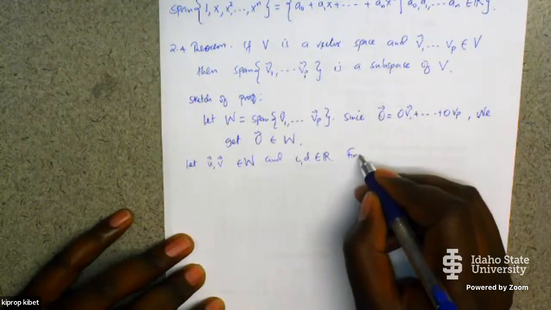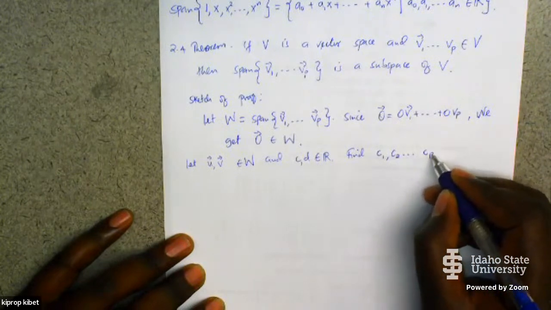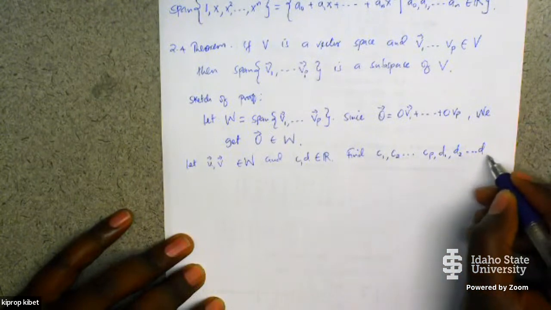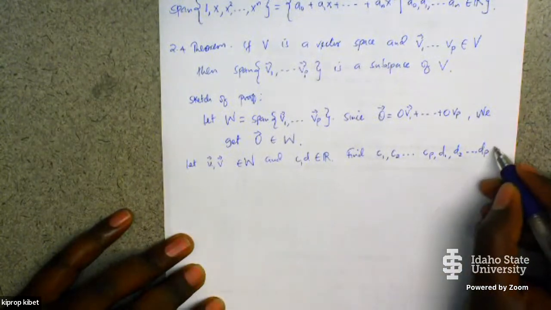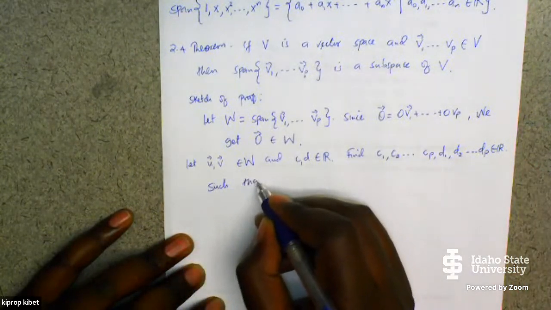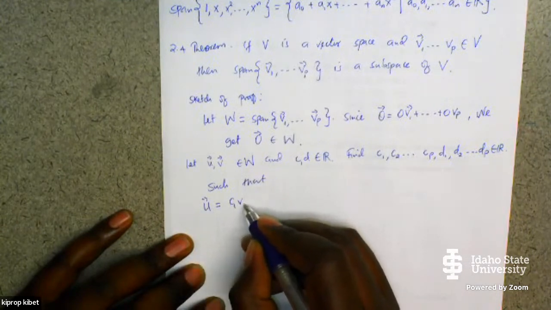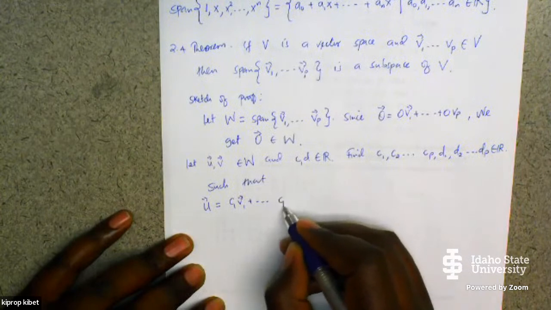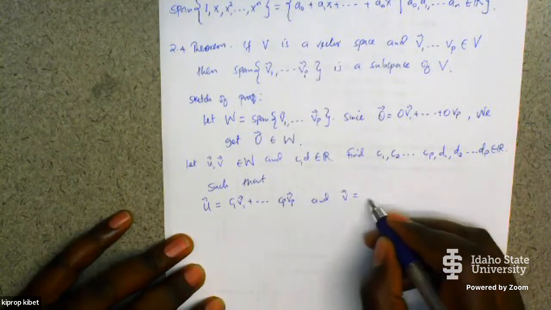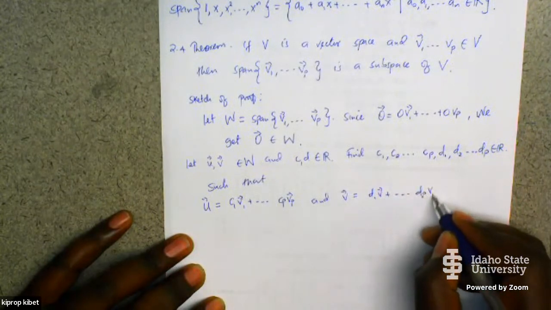Then find C1, C2, all the way to, let's say, CP, D1, D2, all the way to DP, and these are elements of the real numbers such that U equals C1 V1 plus all the way to CP VP, and V equals D1 V1 plus all the way to DP VP.